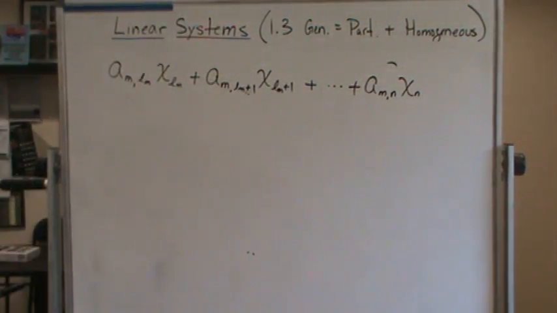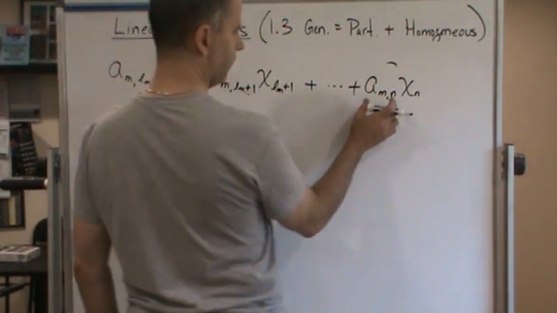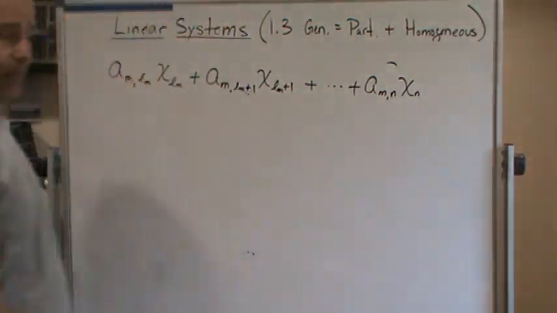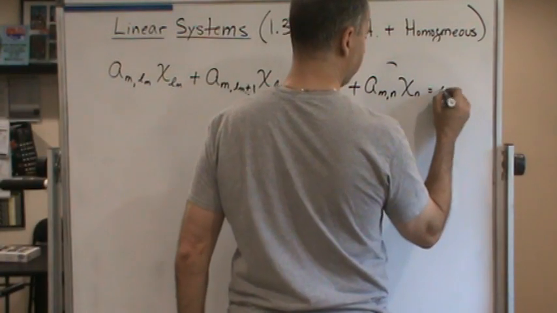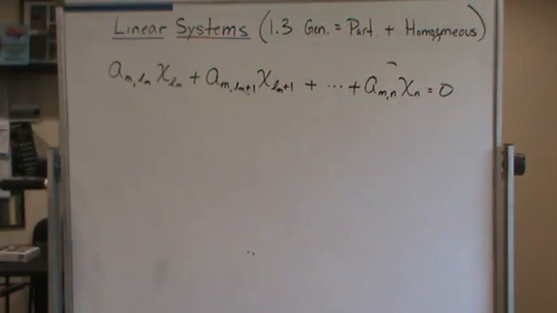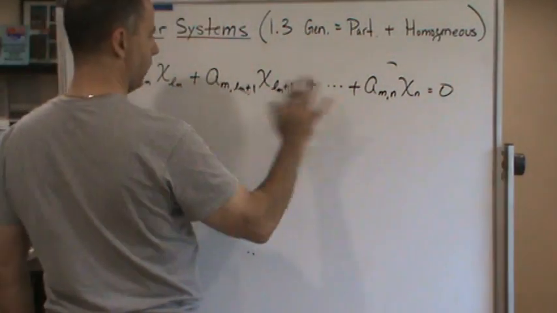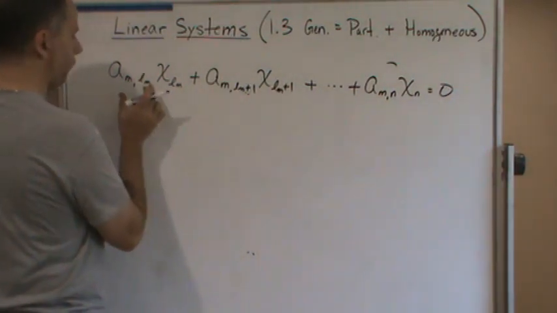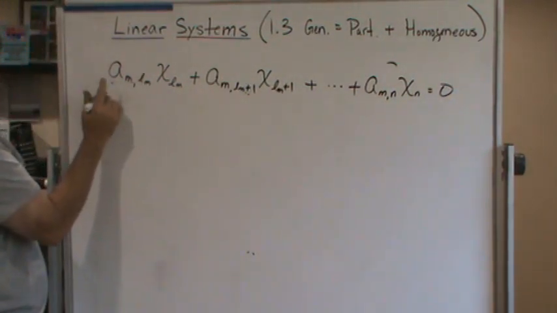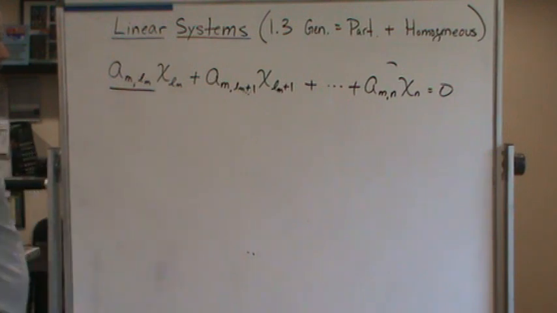Remember, we're dealing with matrices, so m comma n. And then of course this equals 0. Now since all of these are free variables, we're going to move them to the right. And by the way, we're also assuming that this leading coefficient is non-zero for obvious reasons.